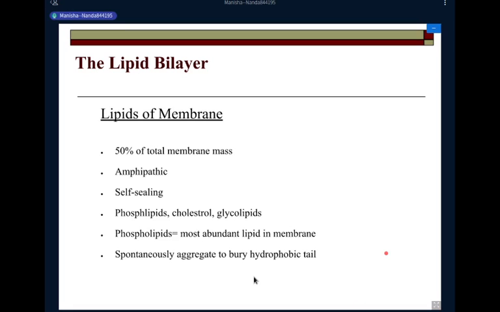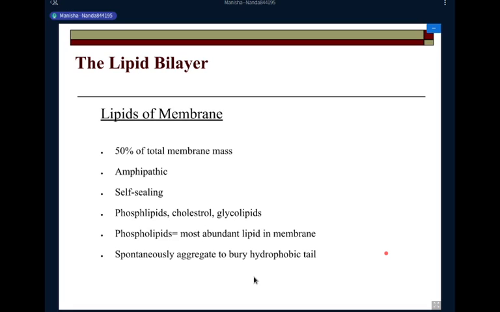Now we take up all the components that we have seen in that diagram of the lipid bilayer or the plasma membrane. We'll take up all the components one by one and see how their composition varies in a plasma membrane. First of all, since it is called the lipid bilayer, the plasma membrane is also named so, we'll talk of the lipids of the membrane.